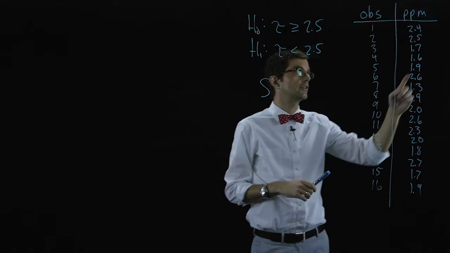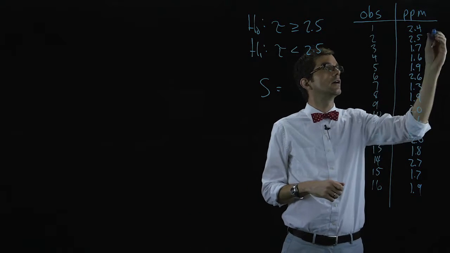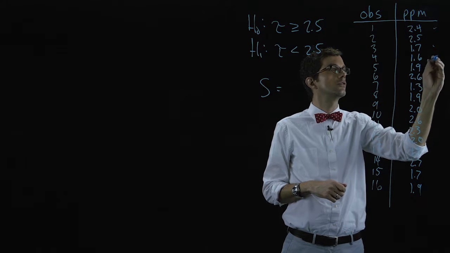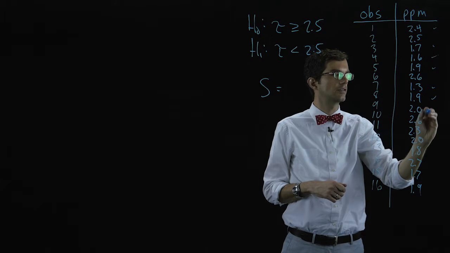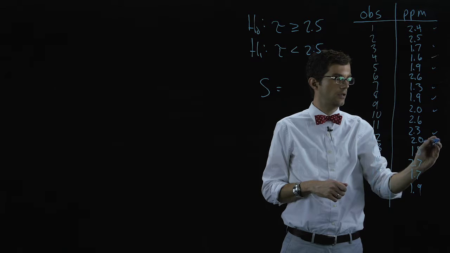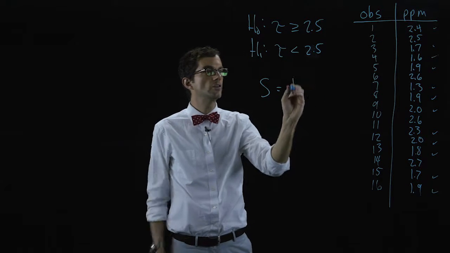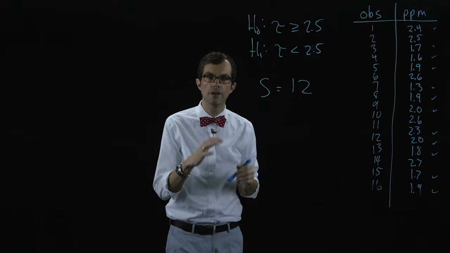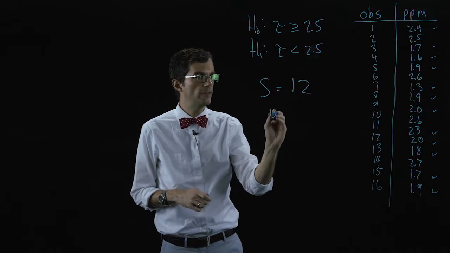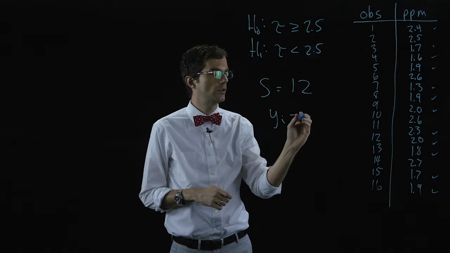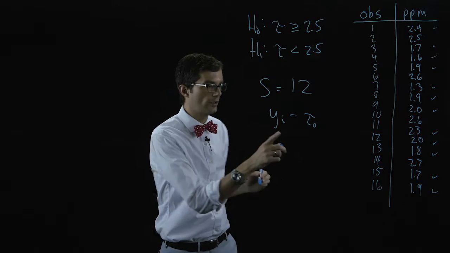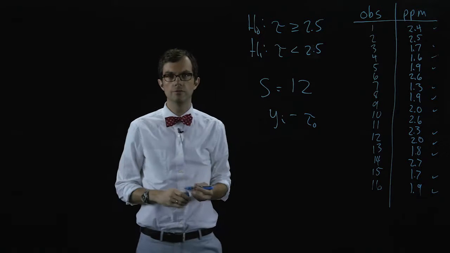So let's go over here and find 1, 2, 3, 4, 5, 6, 7, 8, 9, 10, 11, 12. So S is 12. The number of negative values whenever we perform this calculation is 12.